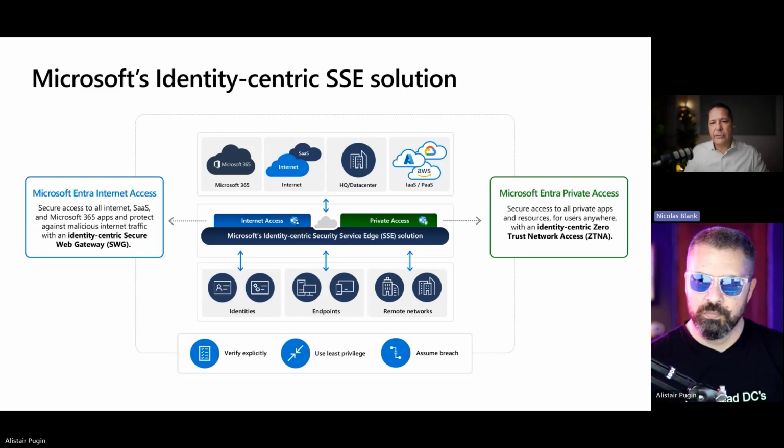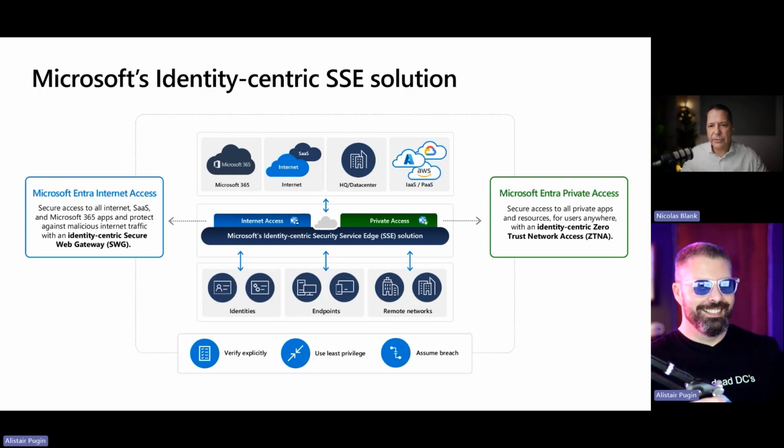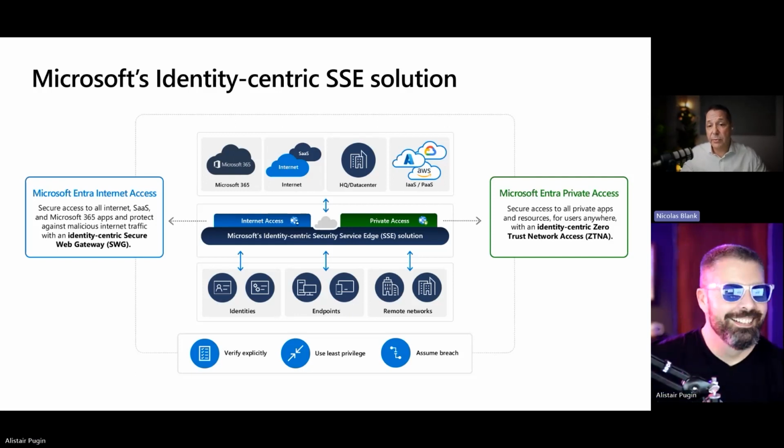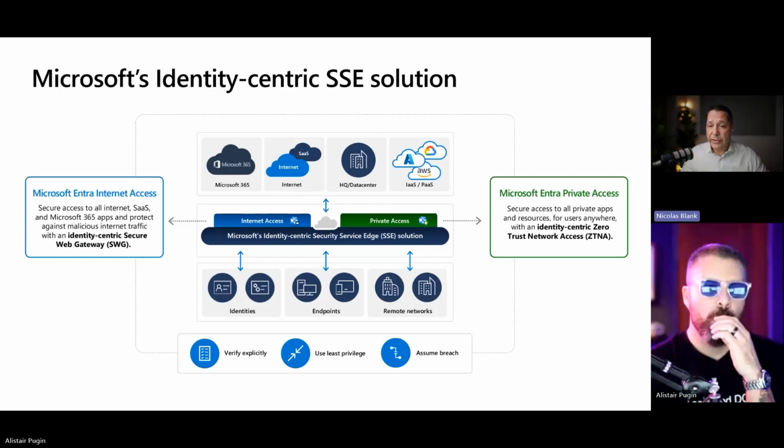Now that, from a Zero Trust point of view, has sadly been the forgotten stepchild of Microsoft's security strategy for the last 5 or 10 years, because Microsoft has done very little for us in the data center. But what this does mean in terms of actual manifestation is that we can now do something as radical as require multi-factor authentication for LDAP or RDP on resources on our own internal network.